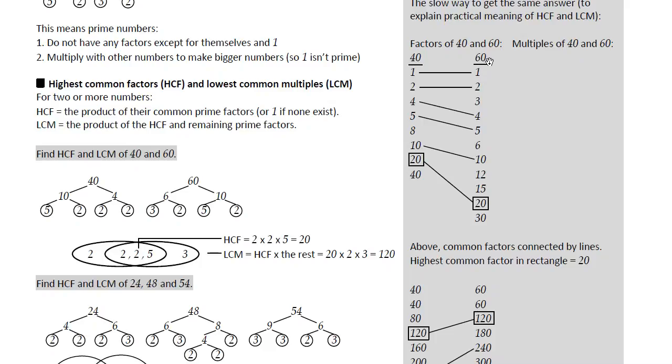So a factor of 60 is, for example, 3, because 3 goes into 60. When I say goes into, that means 3 times something makes 60, or 60 is in the 3 times table, for example, or 60 is in the 10 times table. That's another way of looking at it.